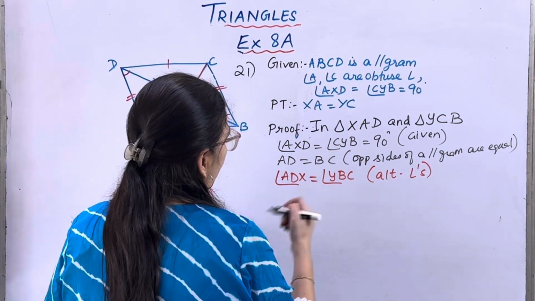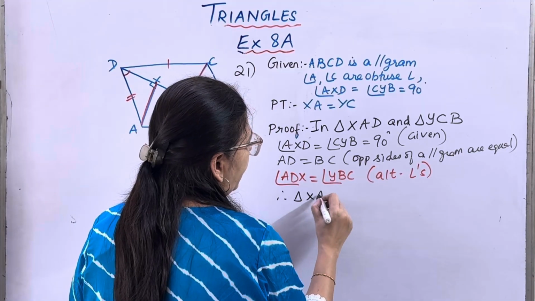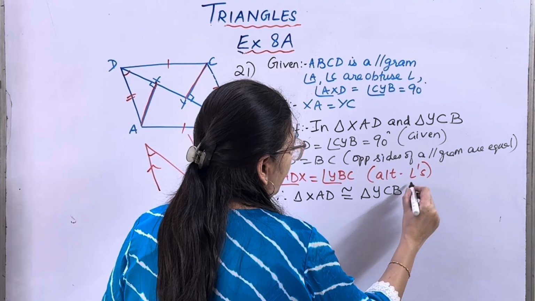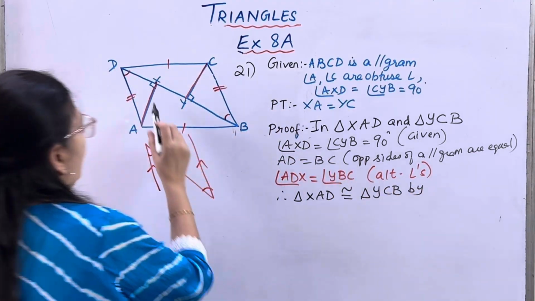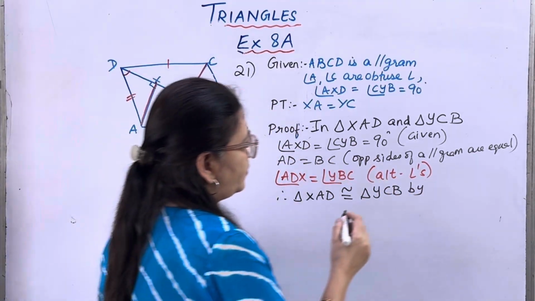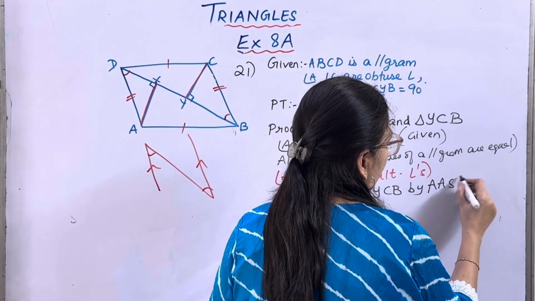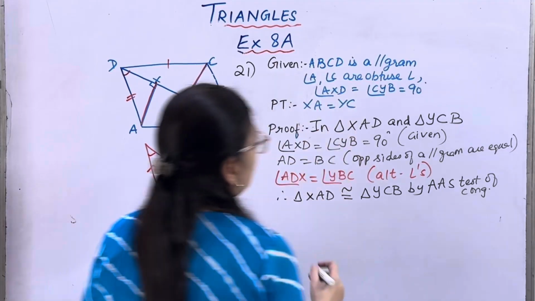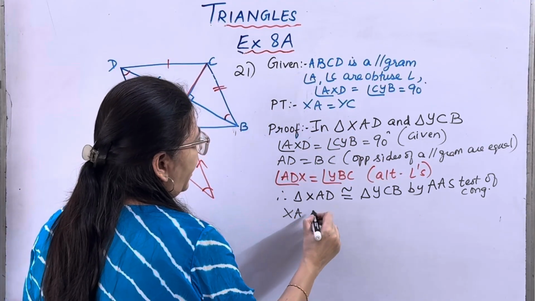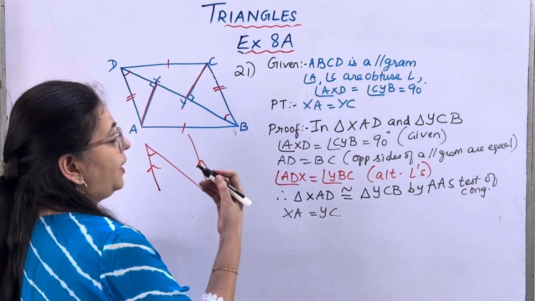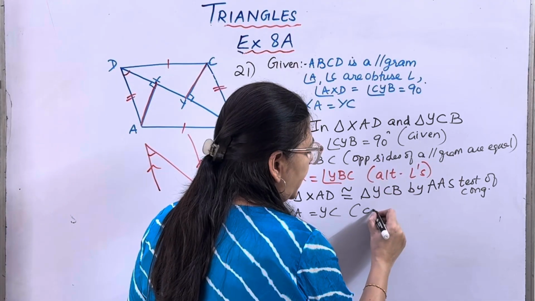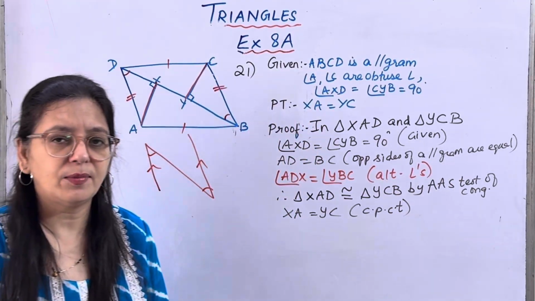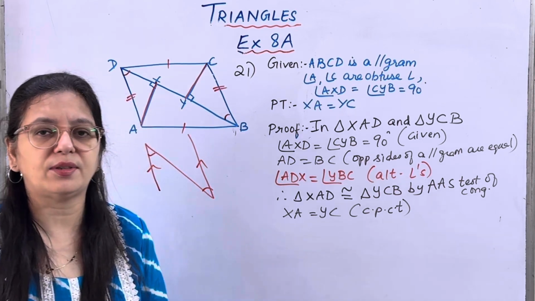So, therefore, triangle XAD is congruent to triangle YCB by which test? Angle, side, angle test of congruency. And XA will be equal to YC. Why? Corresponding parts of congruent triangles are equal. Okay, let's go to the next question.